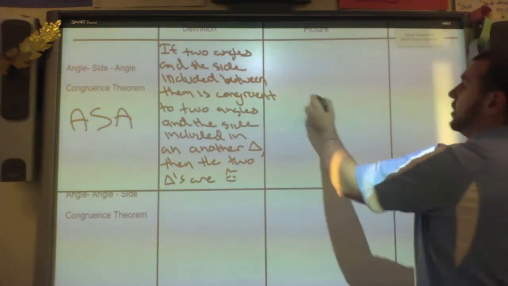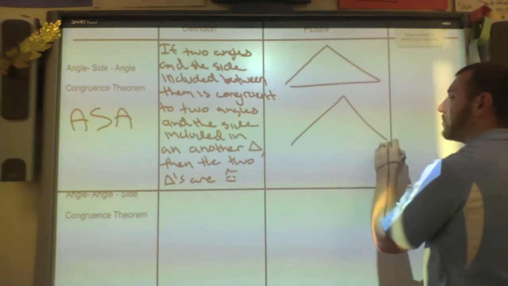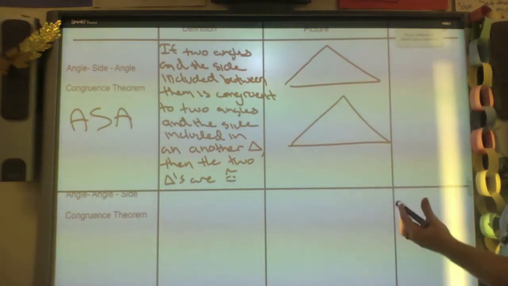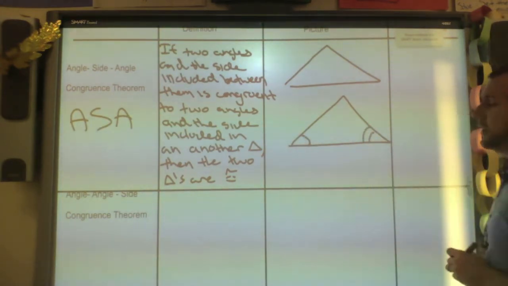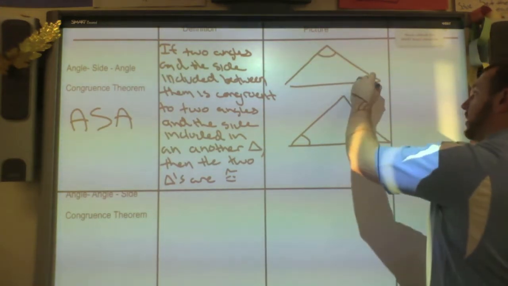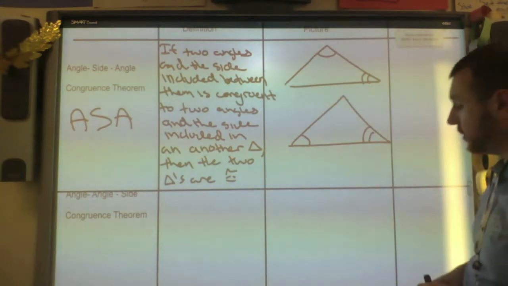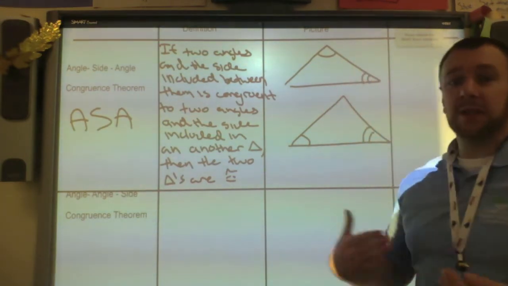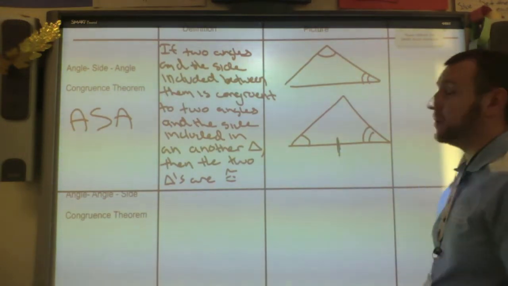Really, the picture, if we draw two triangles, what we say is it's this angle and that angle. It could be any two. As long as this angle matches up with that one, this one matches up with that one, and then it's the side included between them, which means the side in between.